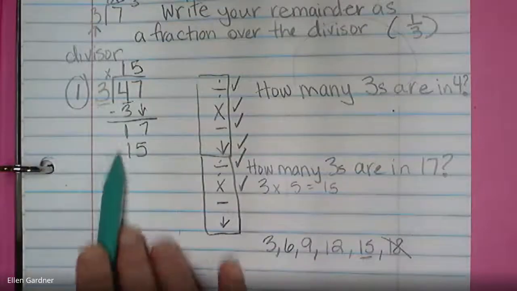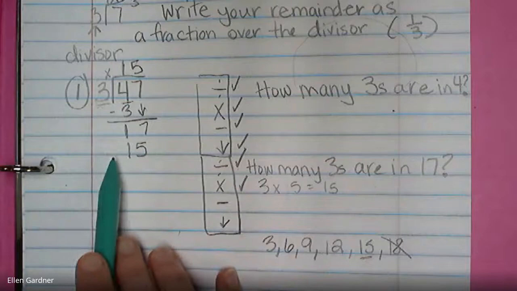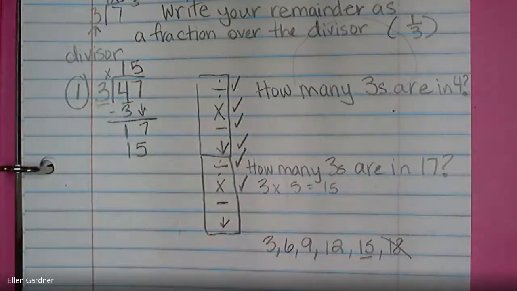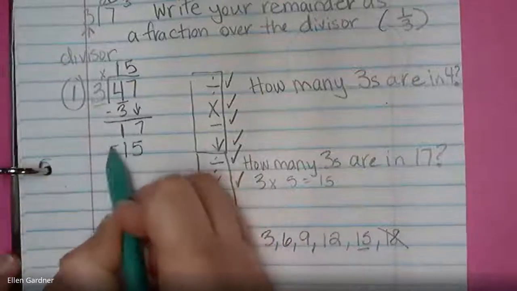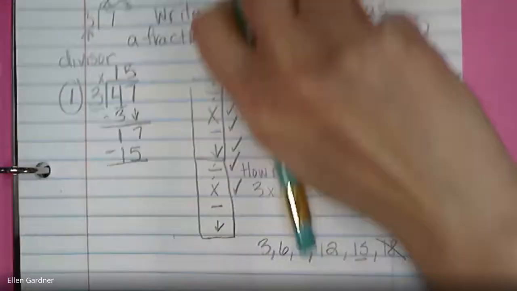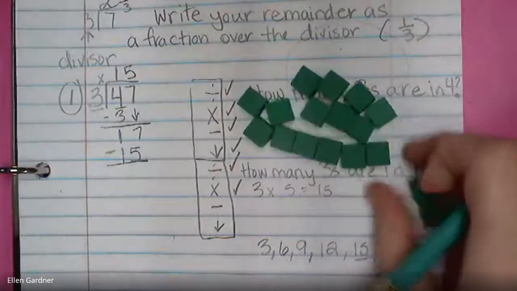We already have it lined up just like a subtraction problem here. Look at the one above it as your example. So 15 minus, oh, 17 minus 15. Yeah, 17 minus 15. And basically, that's just figuring out how many are left over.